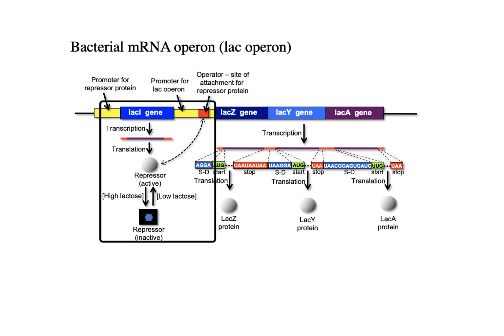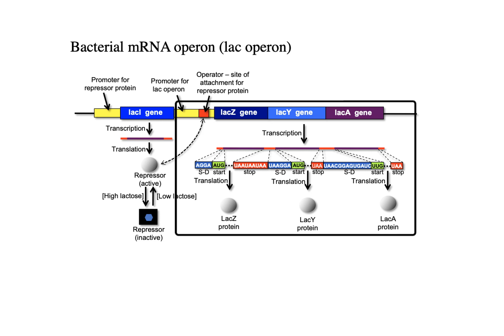The lactose sticks to it, and it won't stick to the promoter region for the other transcript, the ZYA transcript. Otherwise it attaches to a specific region called the operator, which blocks RNA polymerase from binding to that region. It actually forms a loop in the DNA. So when there's lactose around, then this gene is turned on.